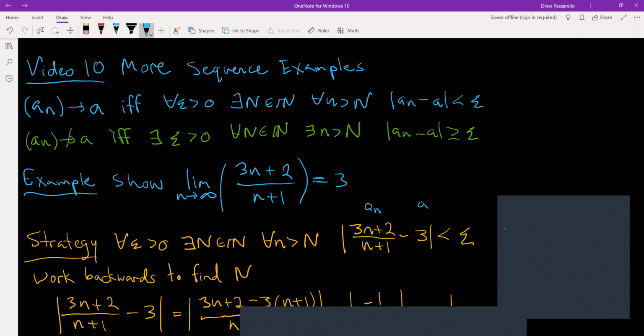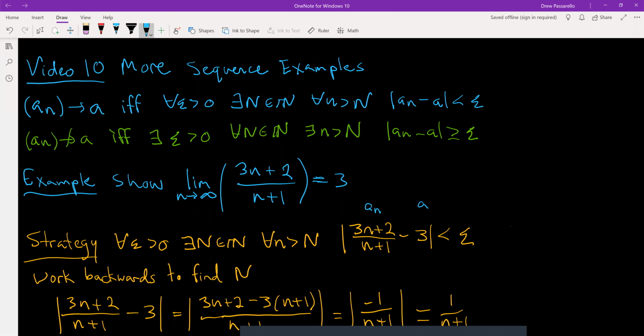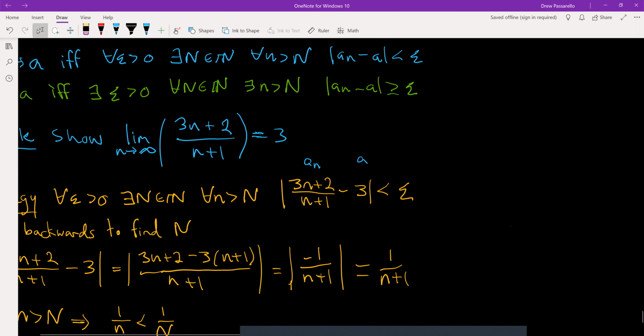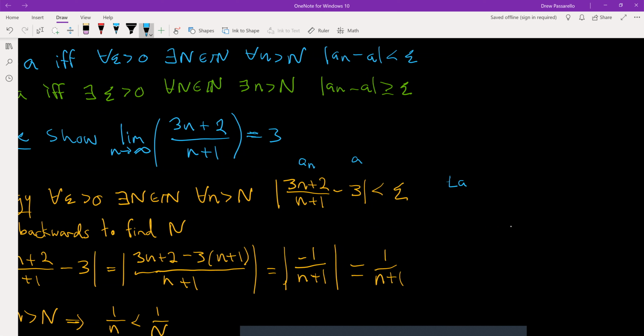The way these proofs operate is we work backwards from our end result. Our end result is that we want the absolute value of (3n plus 2) over (n plus 1) minus 3 to be less than epsilon. So we work backwards to find n. That's the objective. That's why in the last video I called it a game, the N-epsilon game.